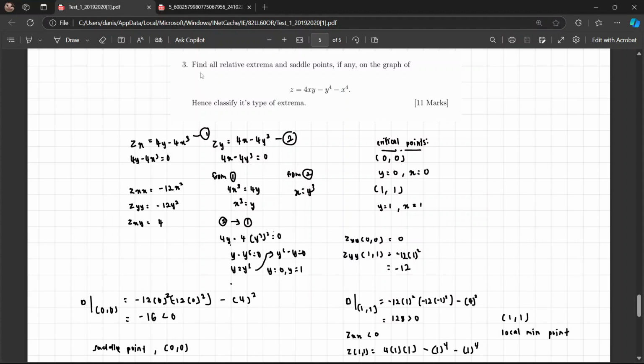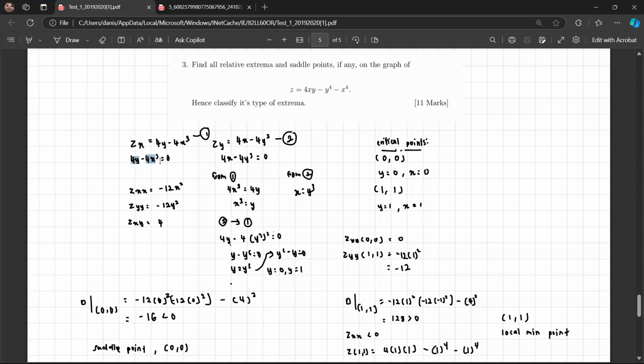For the third question, we have to find all relative extrema and saddle points for z equals 4xy minus y to the power of 4 minus x to the power of 4. So we have to do the second partial test. First we have to find the differentiation of z with respect to x and with respect to y.